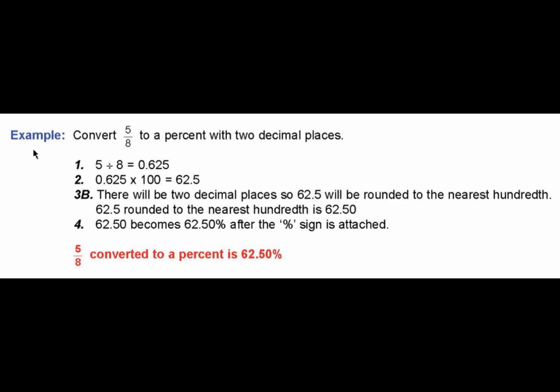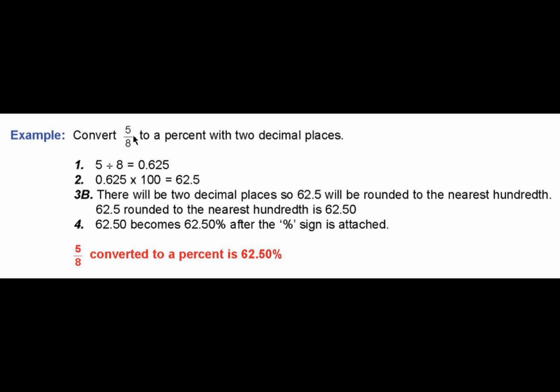The next example is to convert the fraction 5/8 to a percent with 2 decimal places. Step 1 is to divide the numerator by the denominator.